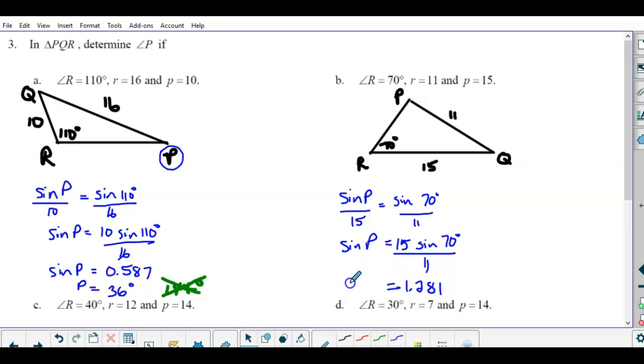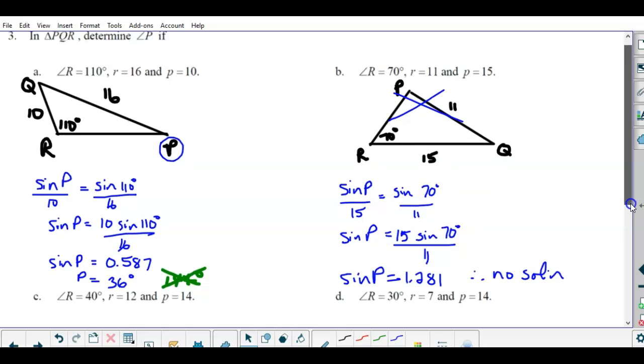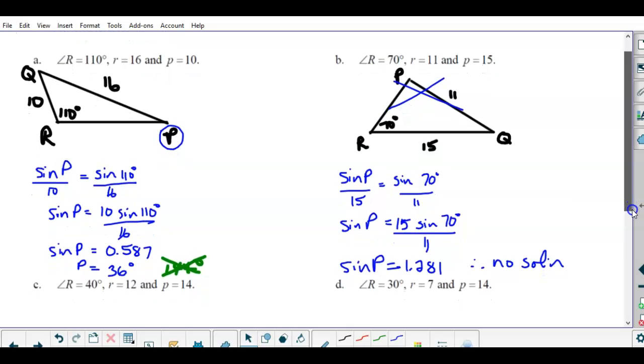So I can stop right there. Your calculator is going to give you an error if you try to find an angle. So therefore, no solution. Okay, so this actually is not possible. Can't even draw it. Okay, so that's that case.